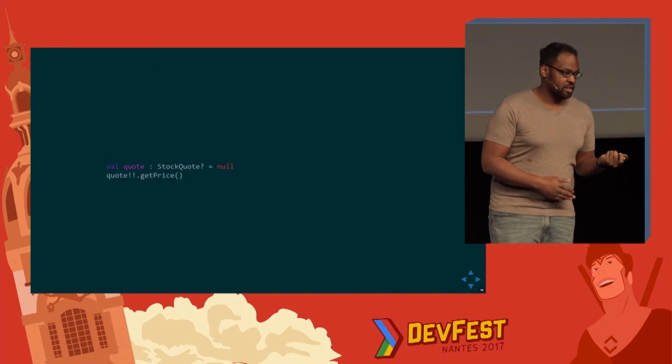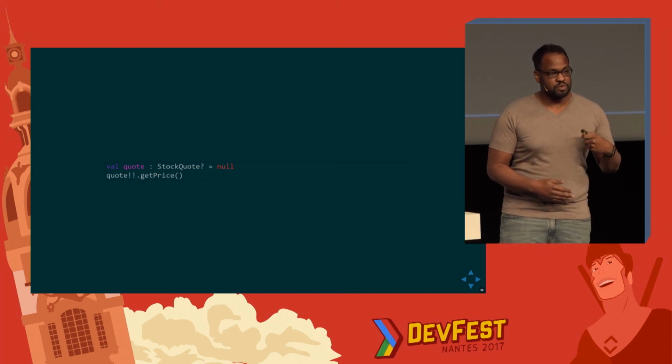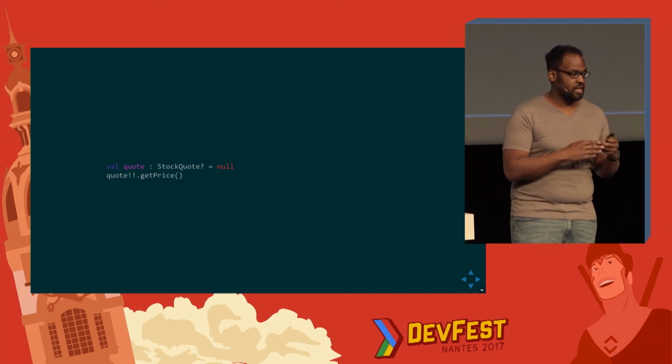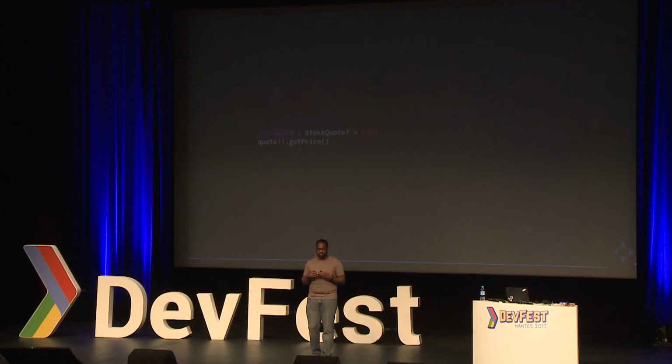Another thing, and I don't recommend this, is the double exclamation point. What that does is it will allow the null pointer exception to advance if the thing is null. I haven't found a real reason why someone would want to do this, but when you are converting classes from Java to Kotlin using the IDE, a lot of times it would change references to use this double exclamation point.